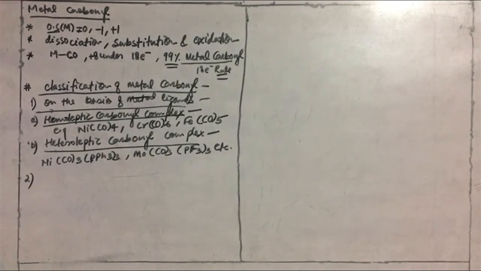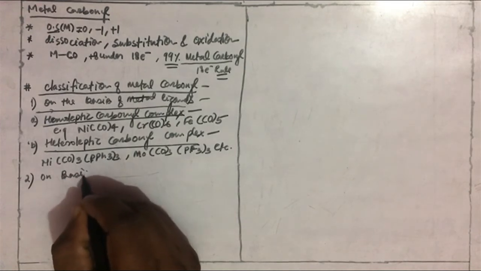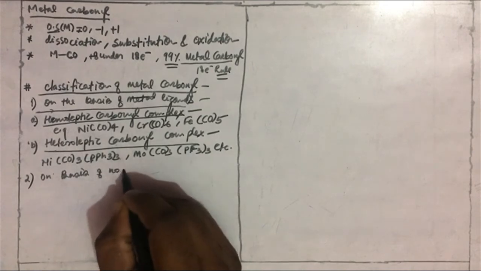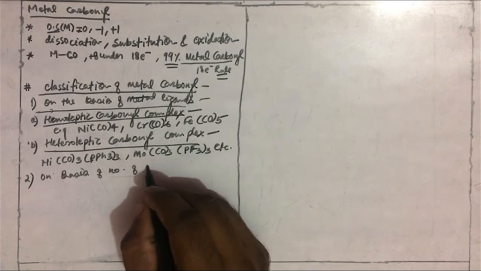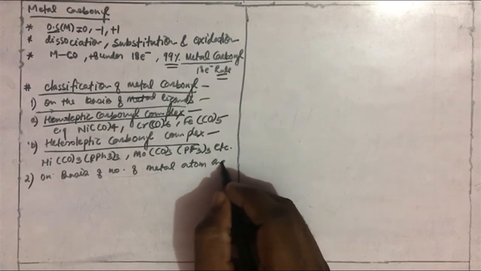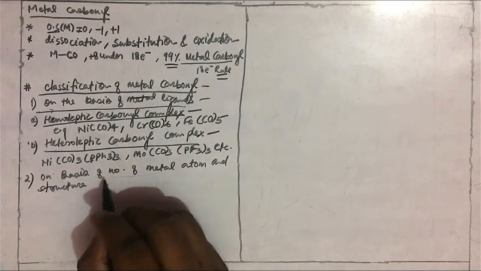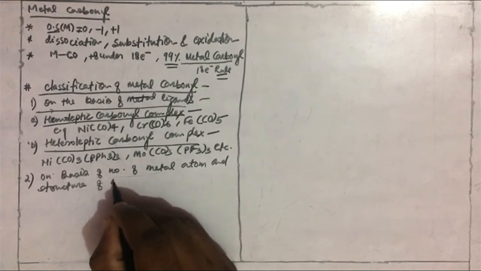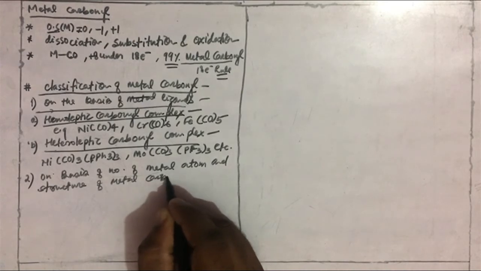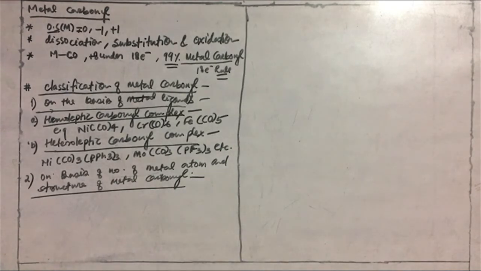Now second, I will discuss on the basis of the number of metal atoms and the structure of metal carbonyl.